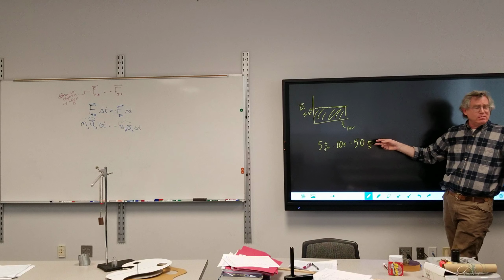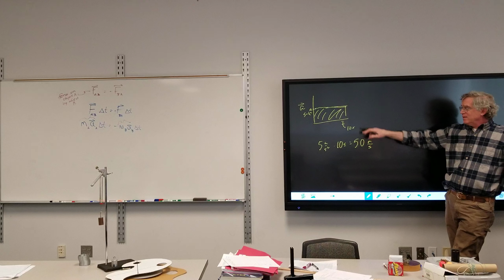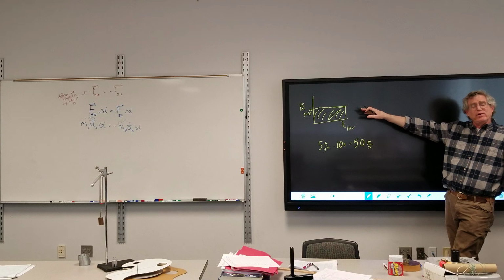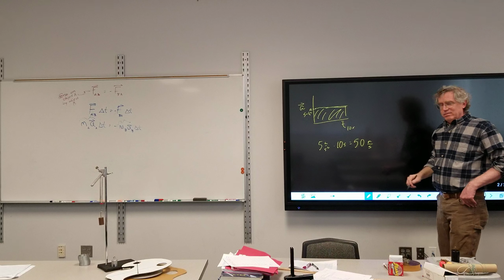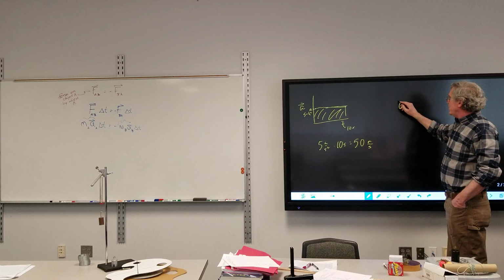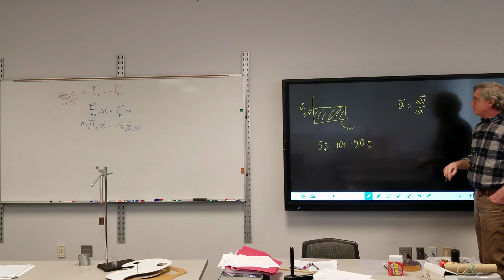Speed depends on how you want to interpret it. In this case, that area, or acceleration times time, is not the velocity, it's the change in velocity. For those fans of equations, I know that acceleration is the change in velocity over the change in time.